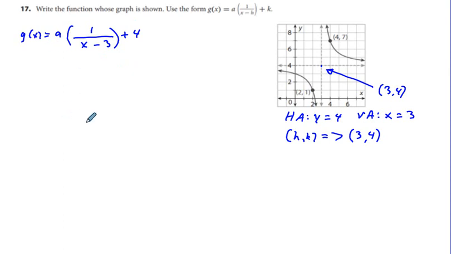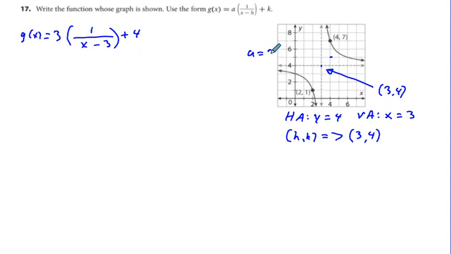Now it's a matter of determining what the a is. For the parent function, we would normally have this point just 1 to the right and up, but we notice we have 3 of those, so that means that a is going to be equal to 3, because that would be 1, 2, 3.